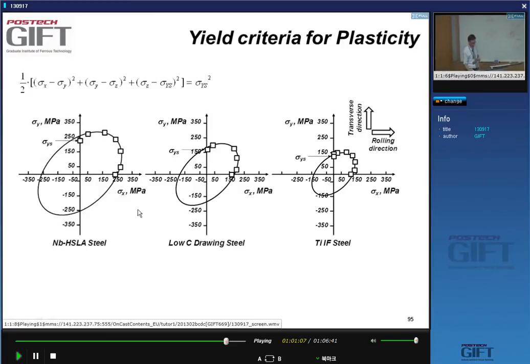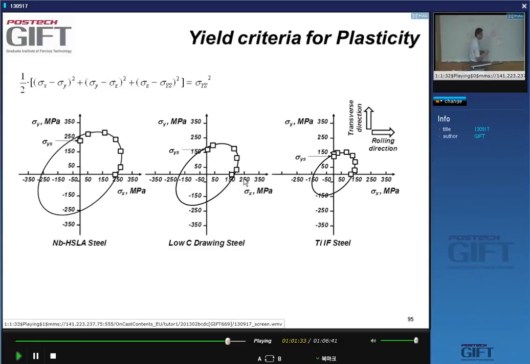Good. Now, if we would look in great detail at these yield surfaces, we would see some interesting parameters. First of all, stresses along this direction or along this direction are uniaxial stresses.